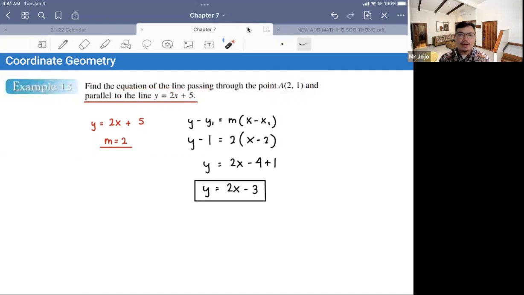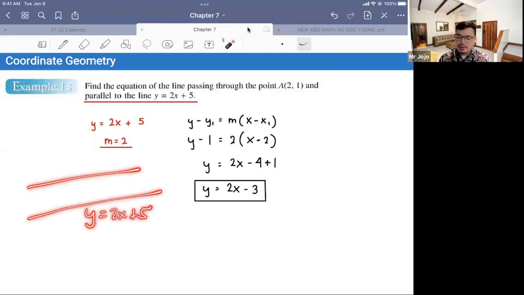Okay, there are two lines. So we have the first line, and then it gave you another line which is parallel to the first line indicated in the question. Okay, and then the equation of the line parallel to the question is y equals 2x plus 5. All right, so you have two lines.